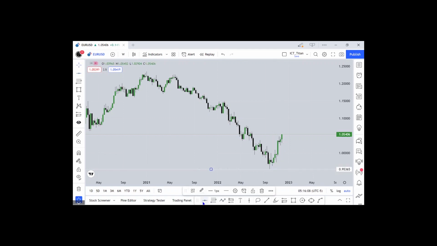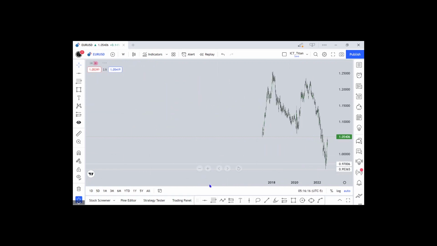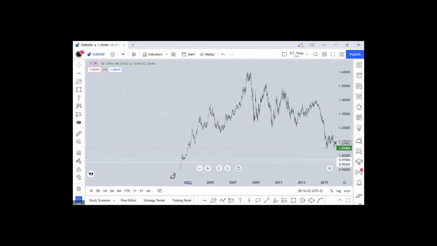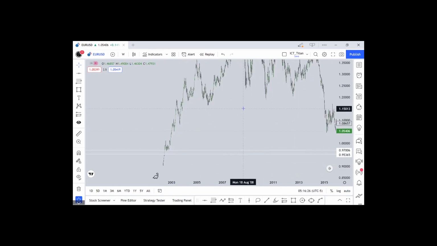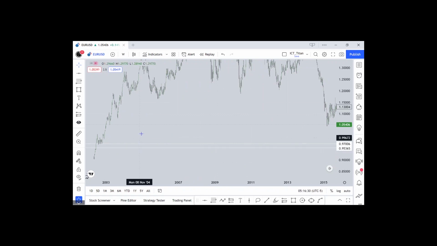I will put 2 horizontal lines, and on this side I want to see our point of interest.